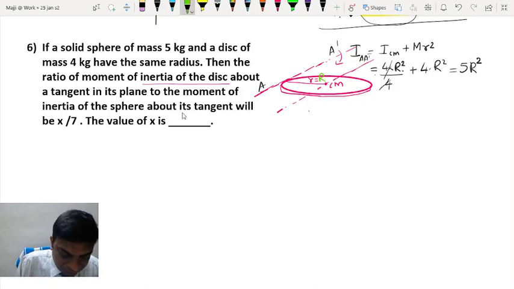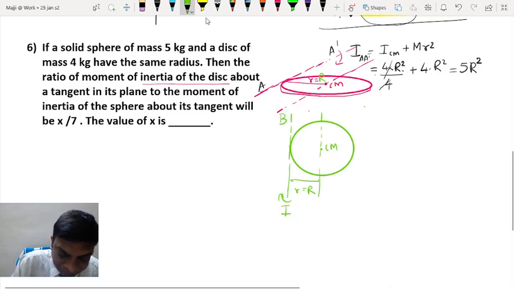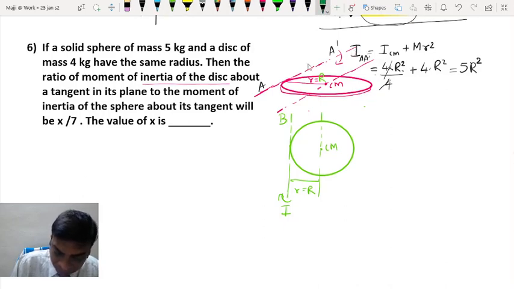Then coming to the next body, that is the spherical body about a tangent. Same thing you will be applying again: the parallel axis theorem. As per the parallel axis theorem, the moment of inertia, let us name the axis as B dash, so I dash is equal to the moment of inertia of the body about a parallel centroidal axis plus mass into distance between the axes squared.